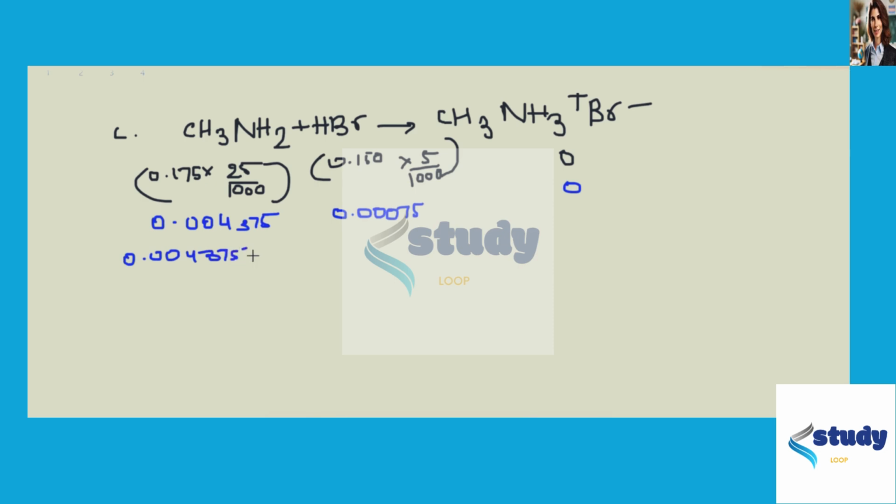In this case, 0.00075 moles of acid react with 0.004375 moles of base, and the acid, since it's the smaller amount, or it's not in excess, is completely used up. So here we have 0, no acid is left.